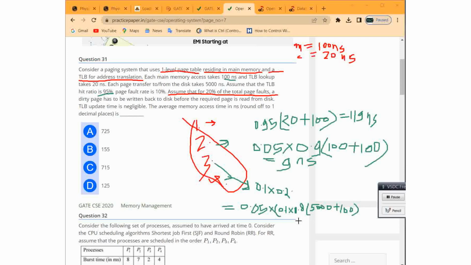And in the second case, when we have to write back to the disk in case of a dirty page, we have to write back the page to the disk, which takes 2 times 5000 plus one memory access.